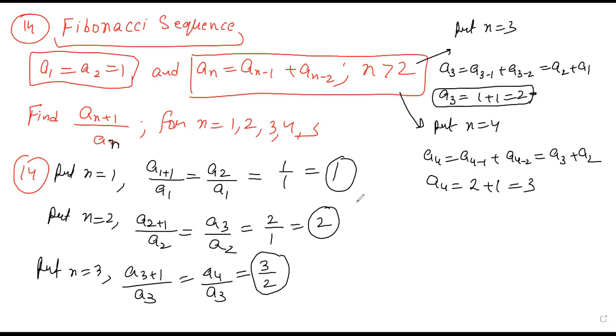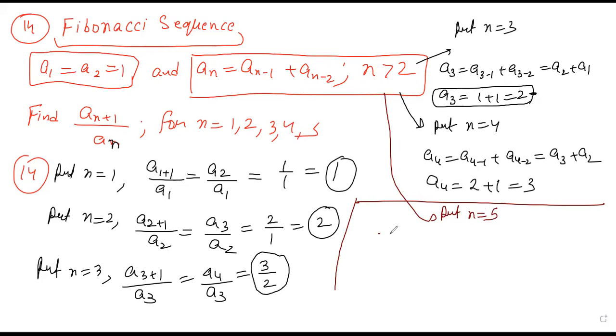Similarly, find A5 here. Put N equal to 5. A5 means A5 minus 1, A5 minus 2, that is A4 plus A3. A4 is 3, A3 is 2, that is 5. A5 value is 5. Okay, one more value we need.